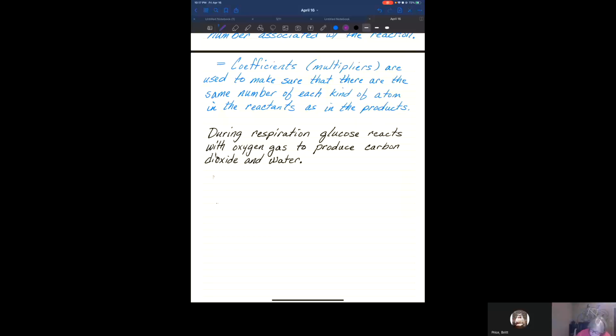All right, so let's see here. Glucose is C6H12O6 plus oxygen gas. Oxygen is one of those lucky seven that shows up as a partnership, those diatomics, and it makes CO2 and H2O.